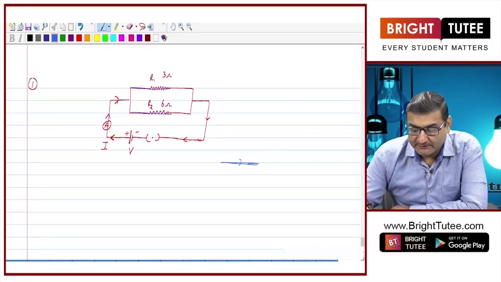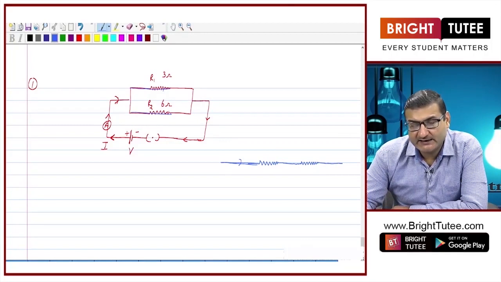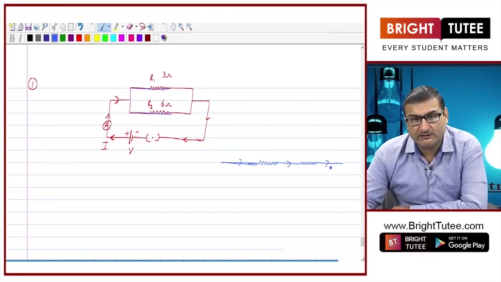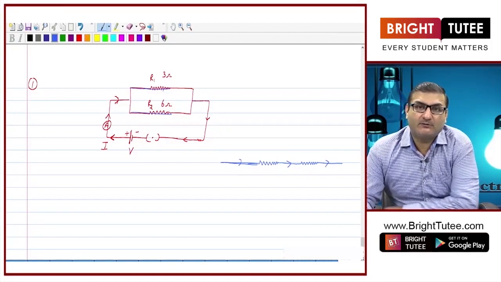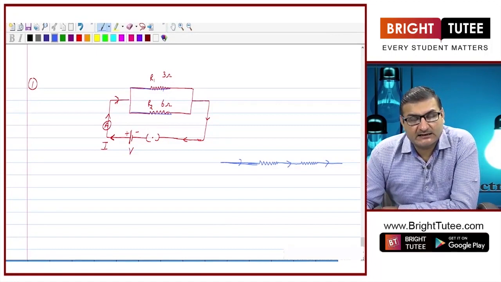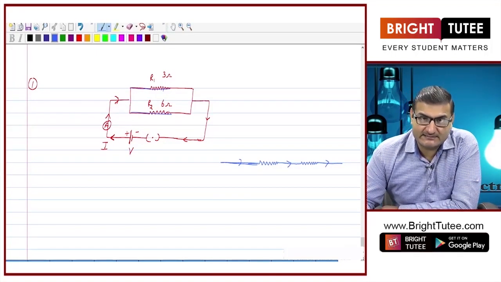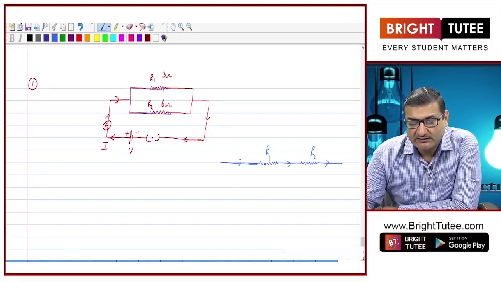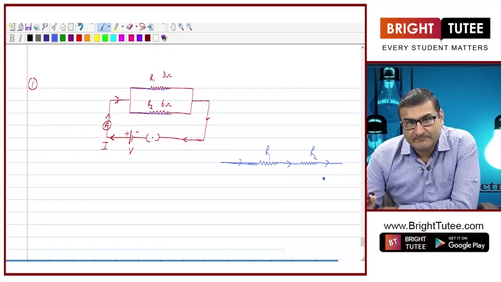If the current is flowing in continuation, that means there is no possible alternative for the current to flow anywhere, then all those resistances are considered to be connected in series. For example, this was resistance R1, this is resistance R2, these are connected in series.